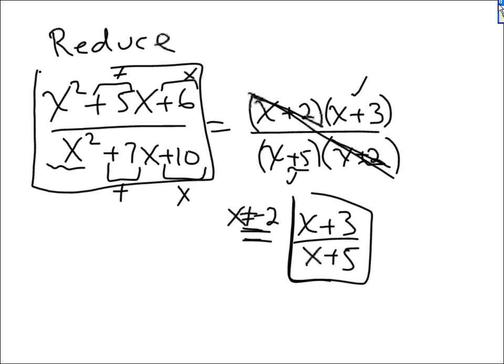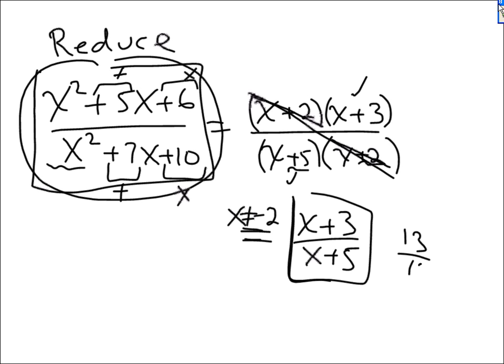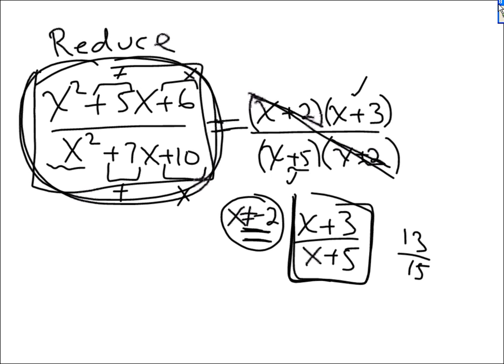So if somebody asks me, what does this equal when x is 10? I go 13 over 15. 10 plus 3 is 13. 10 plus 5 is 15. I don't have to plug 10 in here. I could, but I'm told that it equals this, provided x is not negative 2.